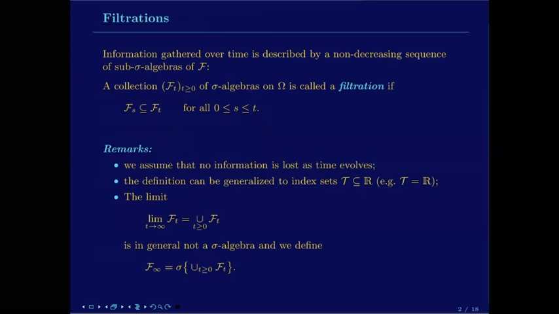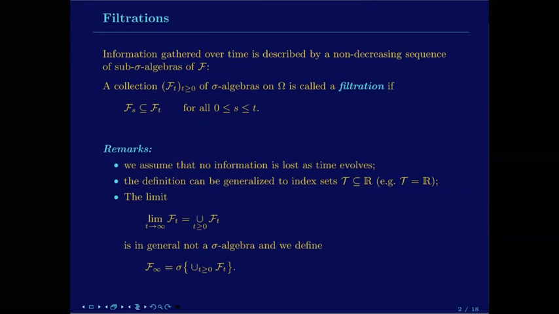So in the last lecture, we have learned that information can be described in form of a sigma algebra. And now in stochastic processes, as we look at the history of a process, we are looking at information that is gathered over time. We can describe that by non-decreasing sequences of sub-sigma algebras.